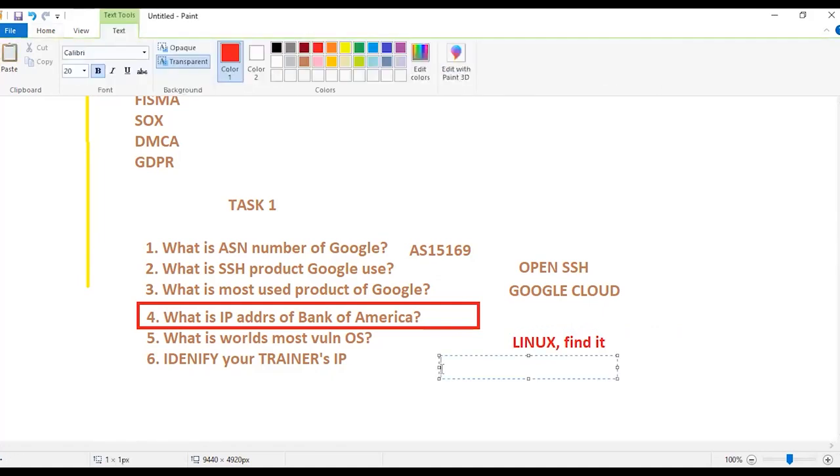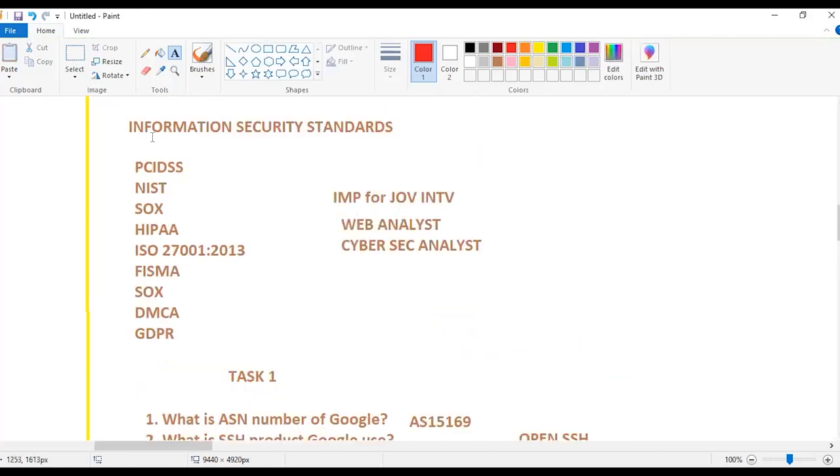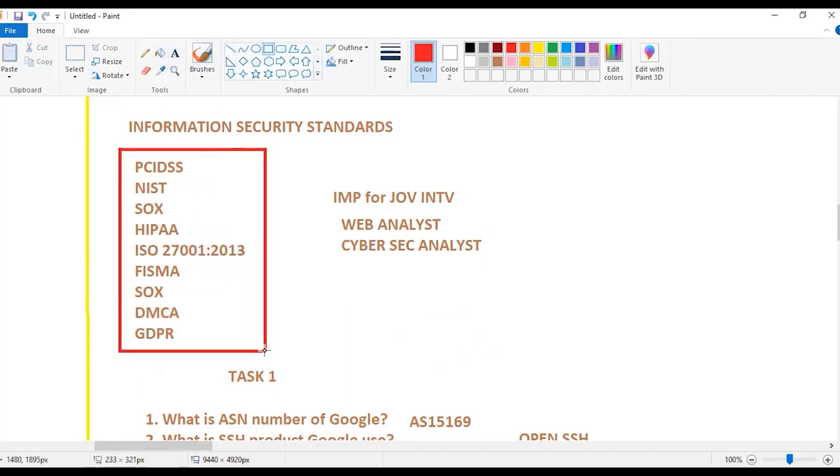These are your homeworks. You're not kids anymore, but still. And also, please learn the information security standards.